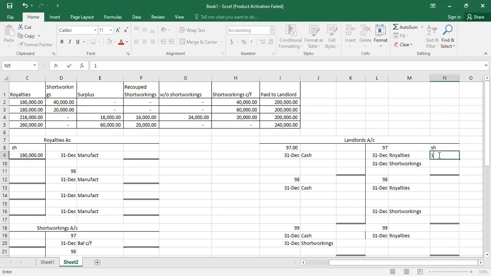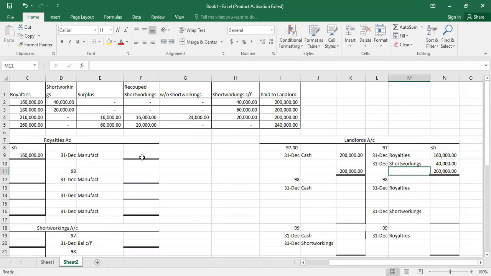So this is 160. We need to close that book. We are supposed to pay the minimum of 200,000, so we are closing our books at 200,000. So our short workings here is 40,000.